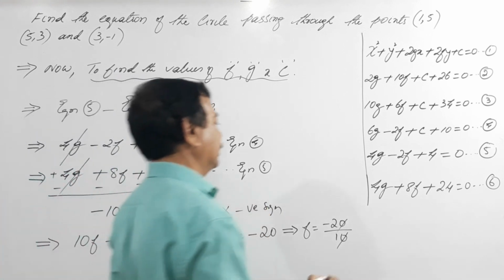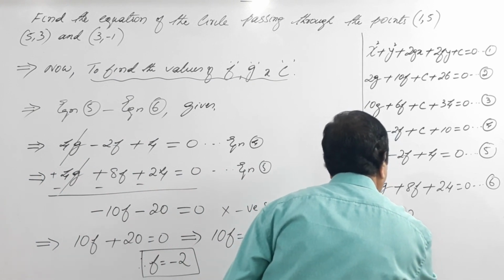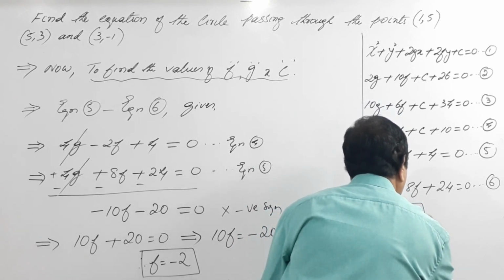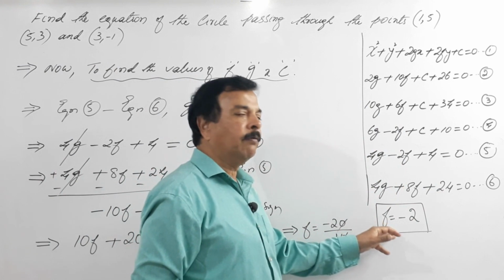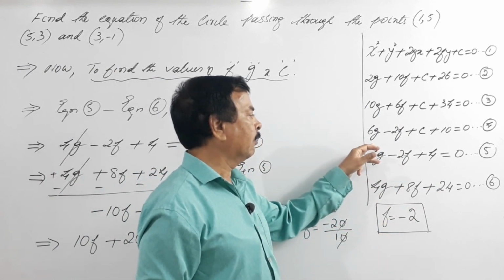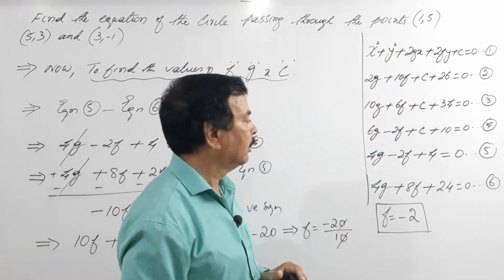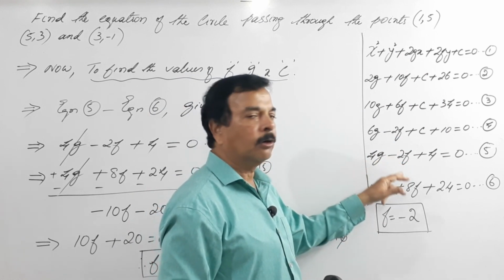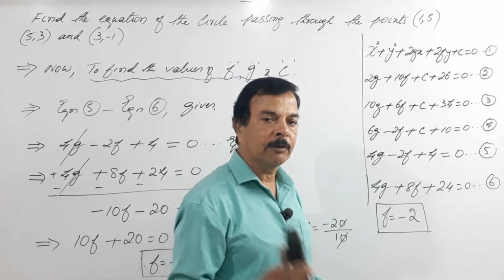We'll make a note of this. F equals minus 2. Now what we'll do is put F equals minus 2 in either equation 4 or equation 5, so that F is eliminated and we get the value of G. Which equation would you choose?